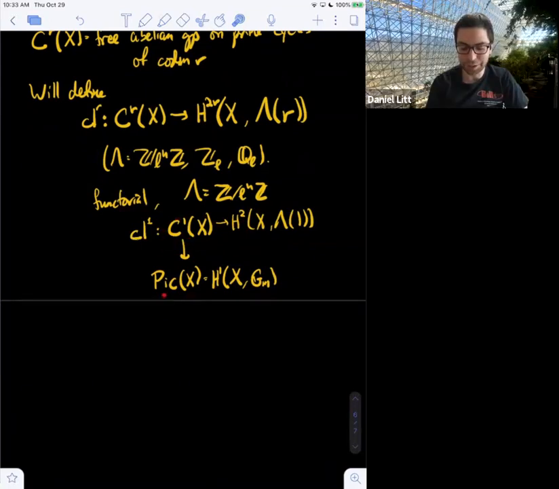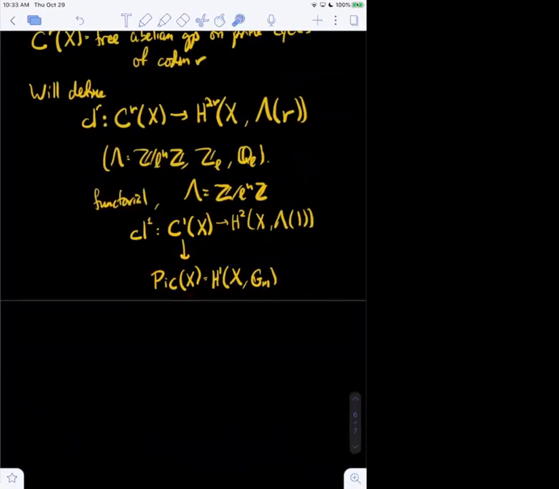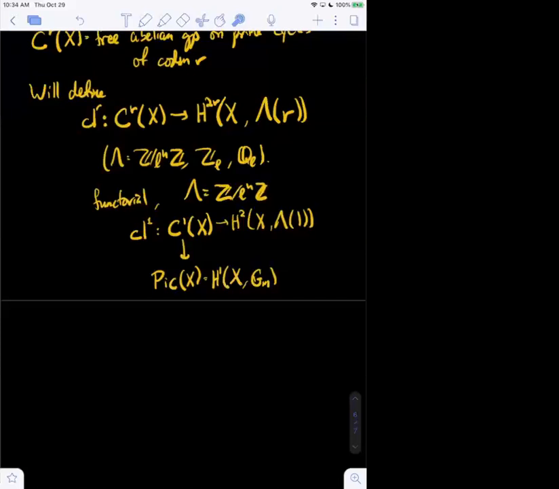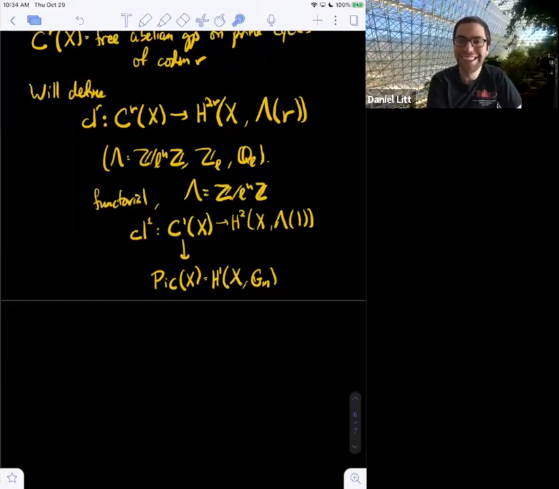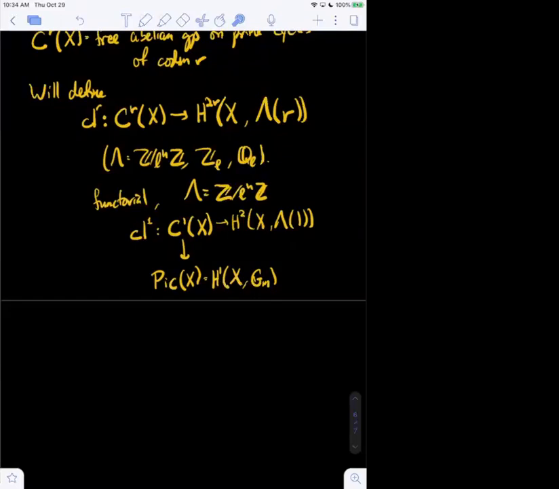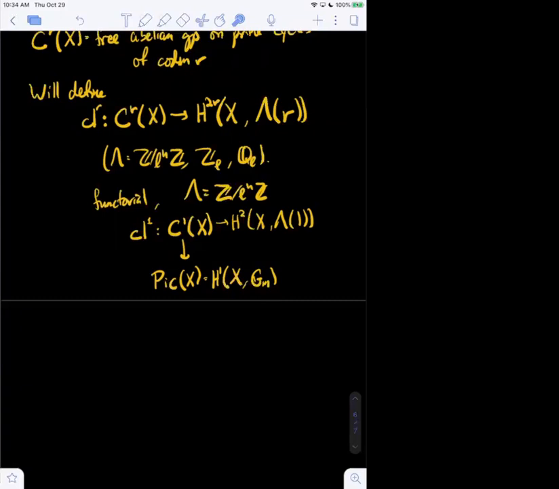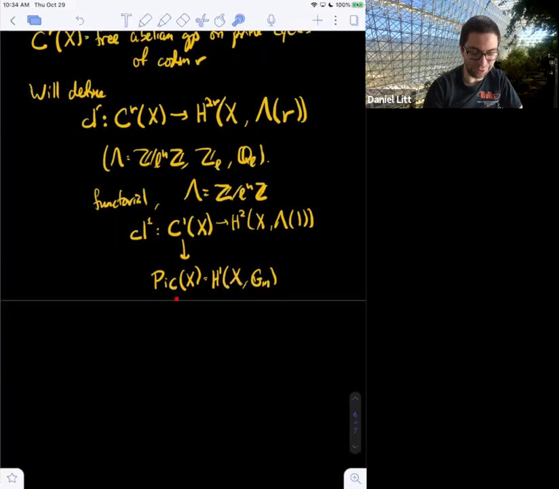How do you associate to a codimension 1 cycle a line bundle? Just take D and send it to O of D. Another way of saying that is you send a cycle to the dual of its ideal sheaf, and then you extend by linearity.